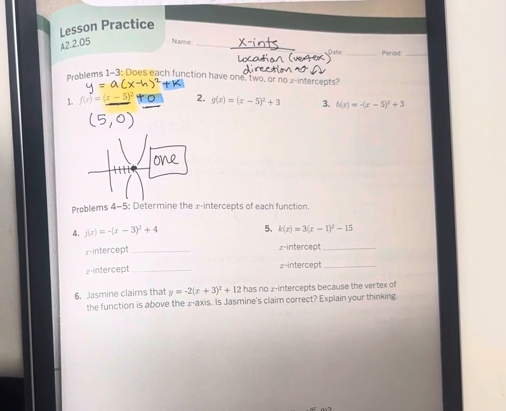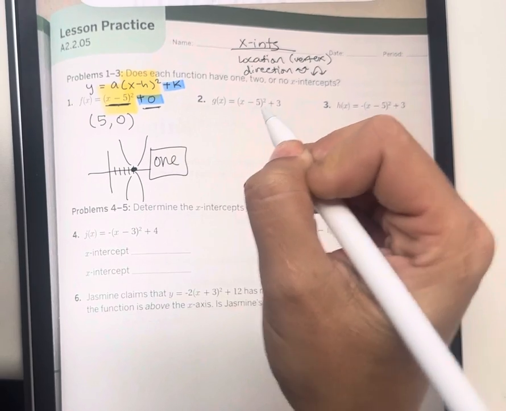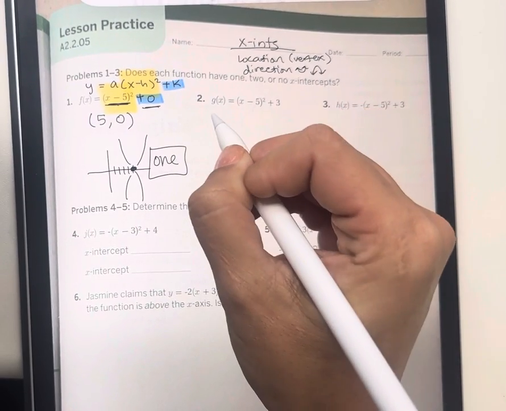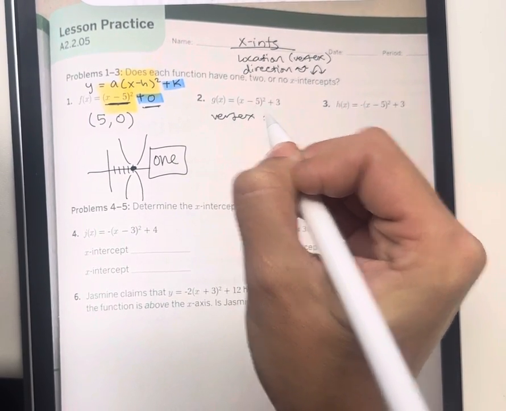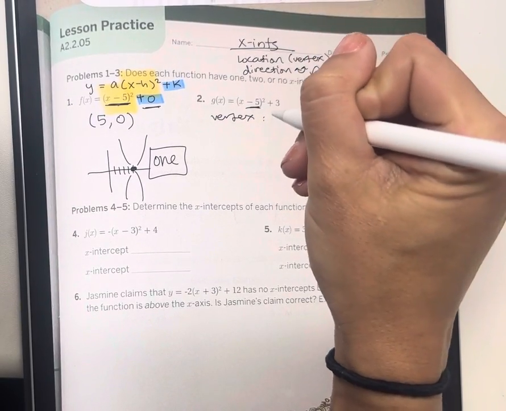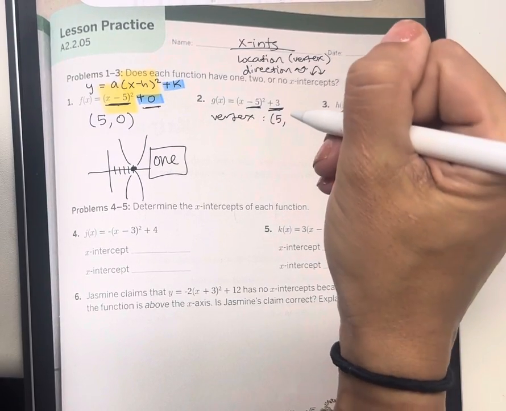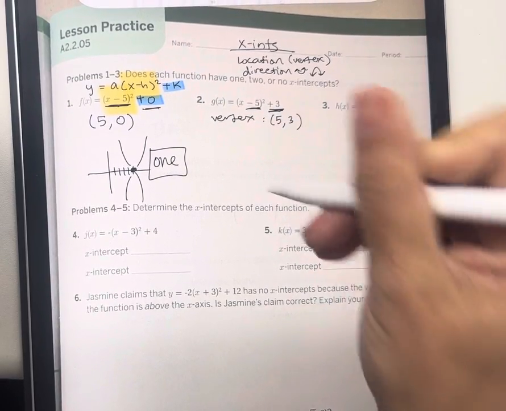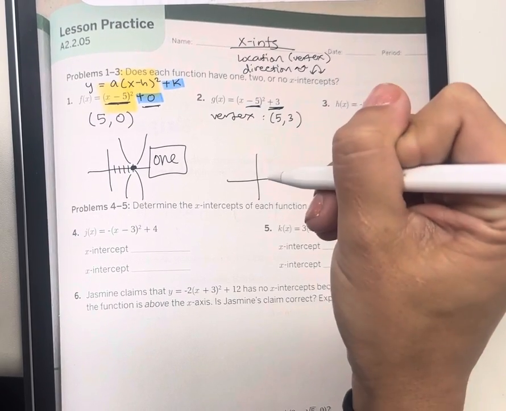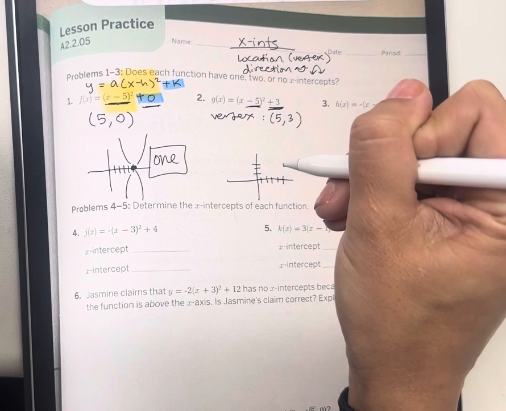Okay, next one. This one. Let's take a look again, all right? I need the location, which is the vertex. The vertex is the opposite of this, not the opposite of this. Which puts my vertex right around there.